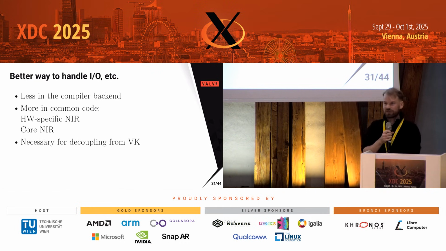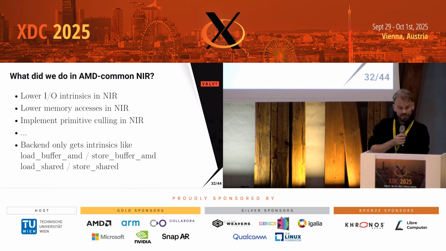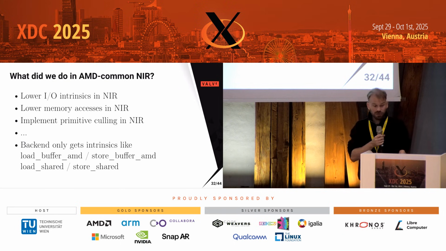So we don't have very long lowering code in the backend anymore, but have it in a single place. This includes most of the I/O intrinsics, memory accesses, and now we only have a handful of intrinsics that the backend sees.